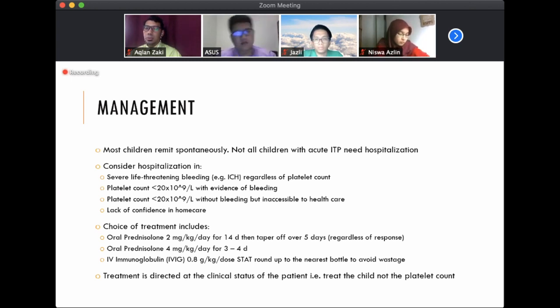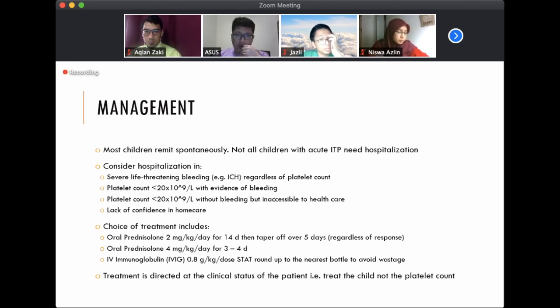And if the platelet count is less than 20 with evidence of bleeding, we need to consider hospitalization. And if platelet count is less than 20 without bleeding but inaccessible to healthcare. And then the last one is more to logistic issues. And then the choice of treatments actually includes oral prednisolone and IVIG.